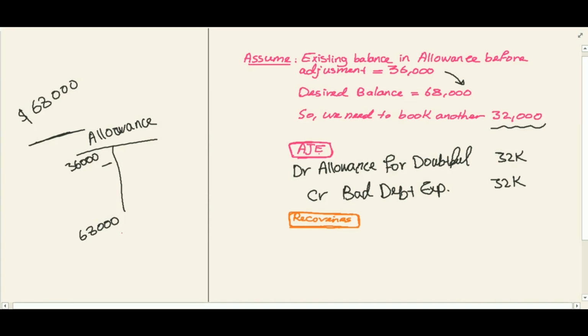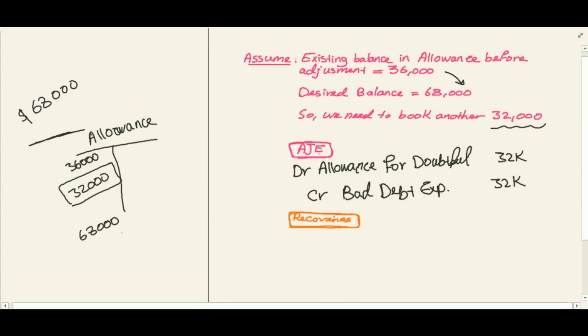So what we need to add here is the 32,000, the difference. So 36 plus 32 will be 68,000, the desired balance that we want.